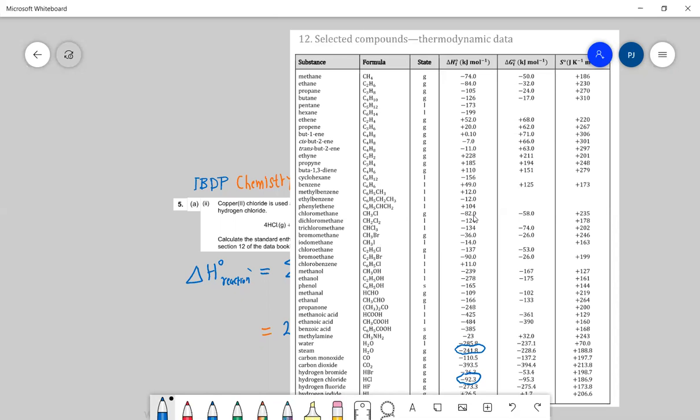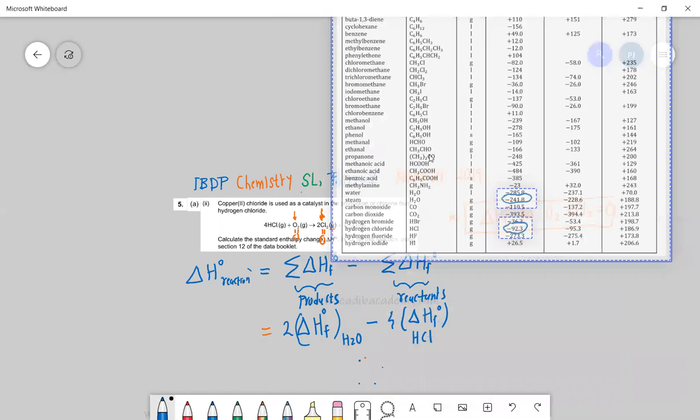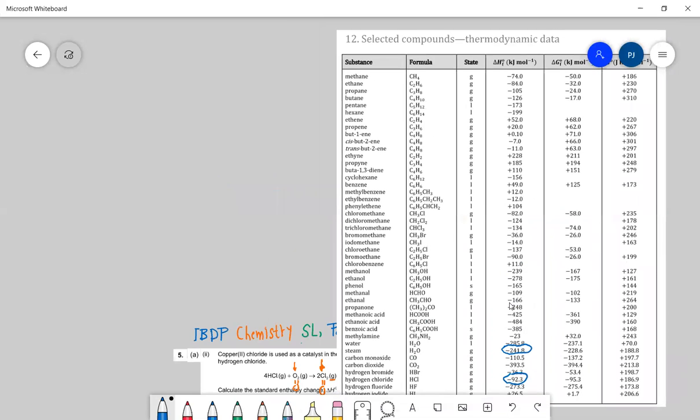So it simply means that let's put these numbers very clearly.